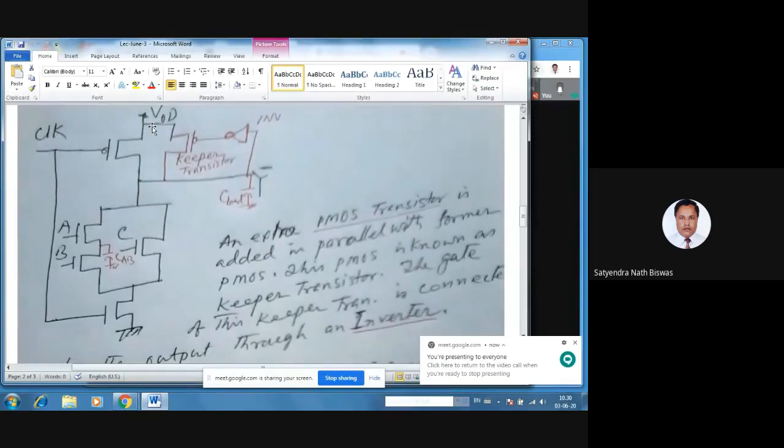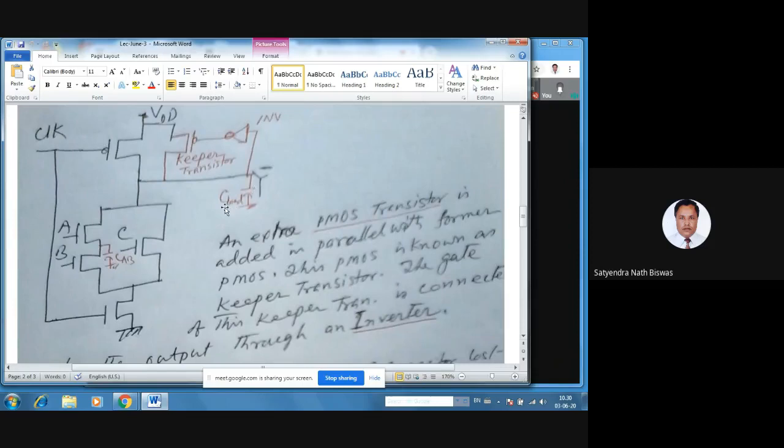So the power from VDD will be passing through this keeper and will charge this output capacitor to the same voltage as VDD. You understand? So this capacitor is discharging, so its voltage is reducing a little amount, but at the same time, the voltage from VDD will be coming here and will charge again to the full voltage.